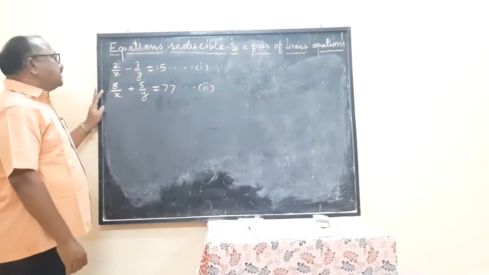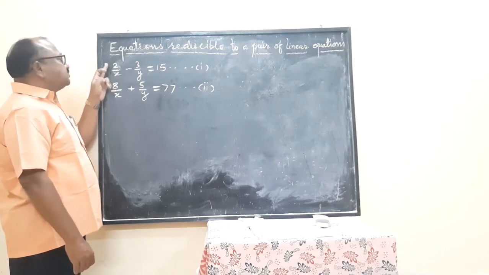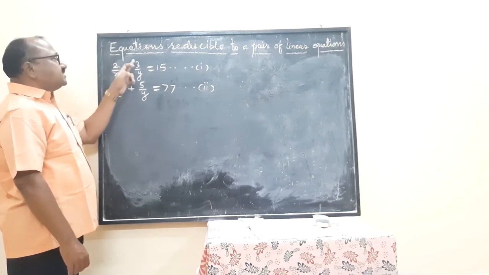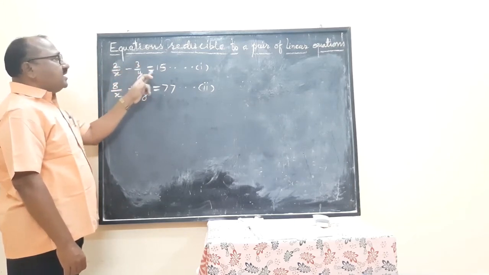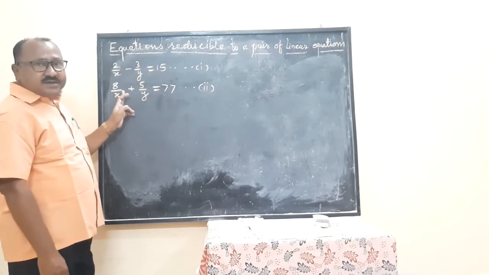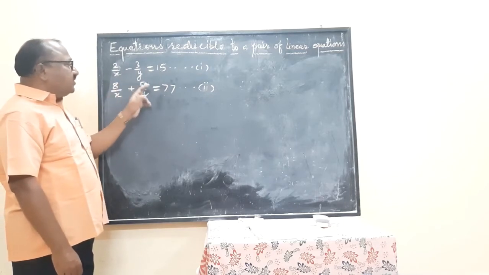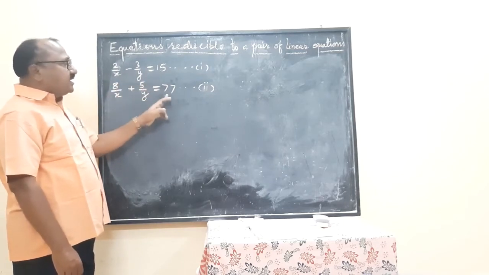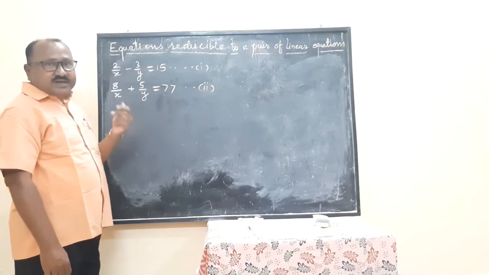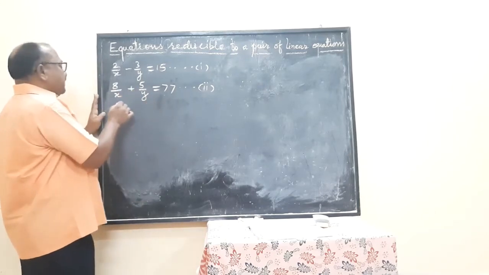Now see here, this equation can be written in the form of 2 into bracket 1 upon x minus 3 into bracket 1 upon y equal to 15. And this equation can be written in the form 8 into bracket 1 by x plus 5 into bracket 1 by y equal to 77. So that is why I will take substitution like this.